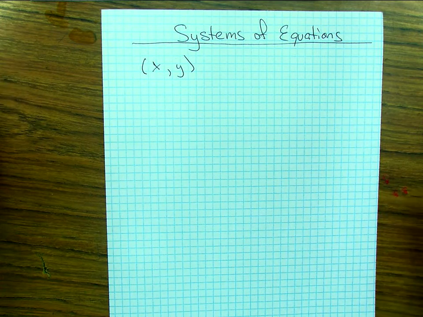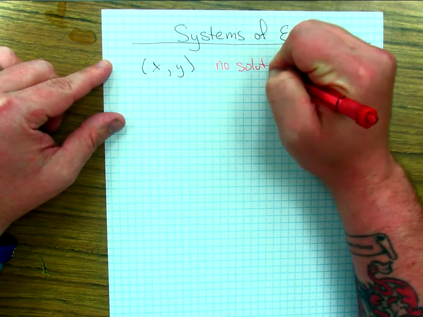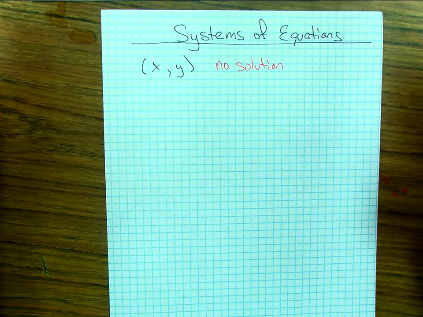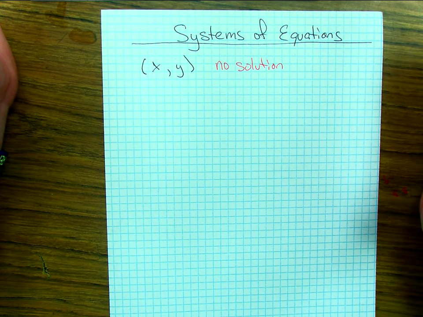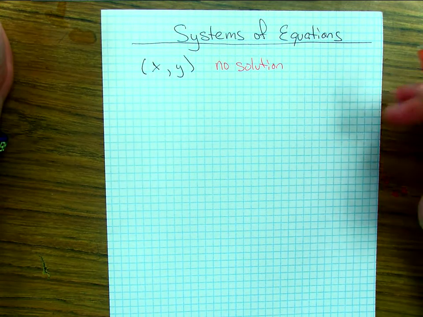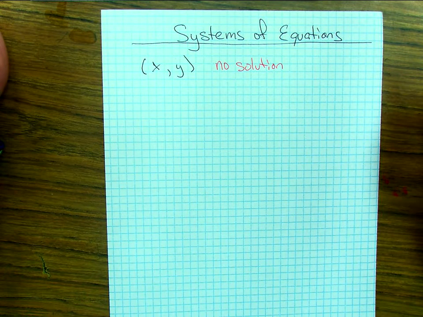The first exception is if there's no solution whatsoever. No solution is if you have two lines on a coordinate plane that never intersect. There's no value that's common to both graphs. I want you to take just a brief moment and think to yourself, what would two lines look like if they never had an intersection?